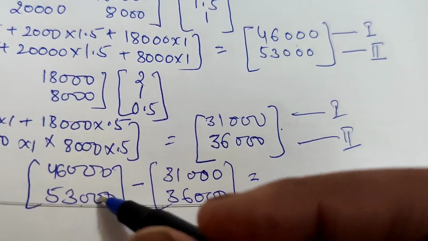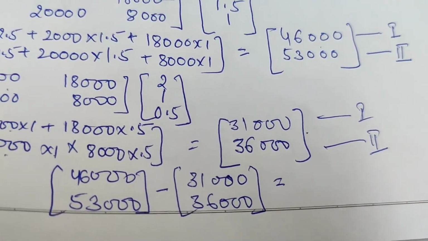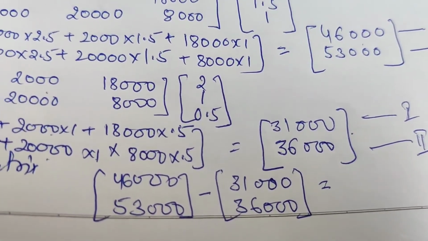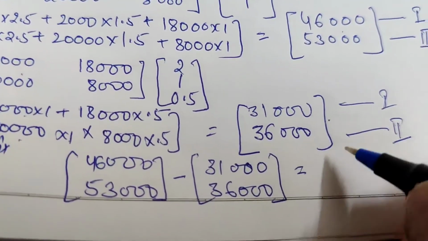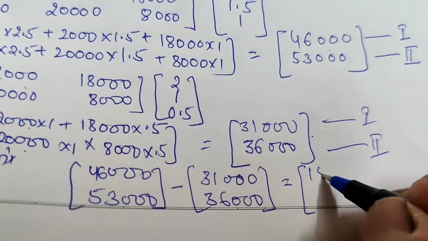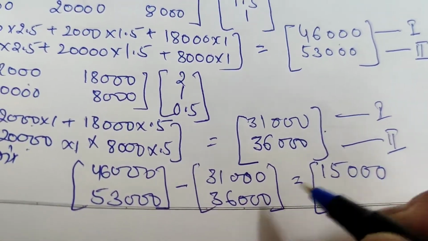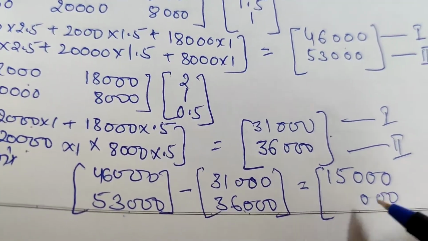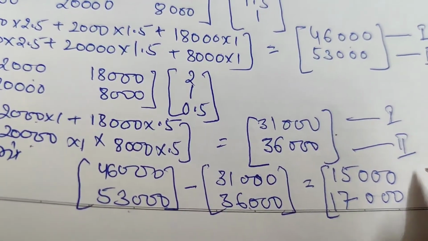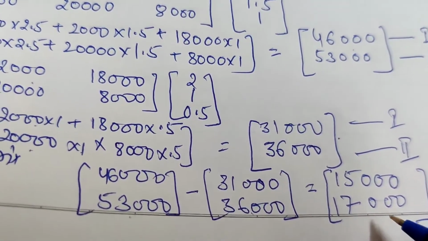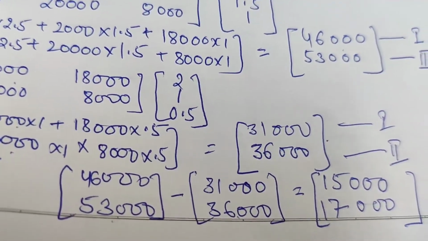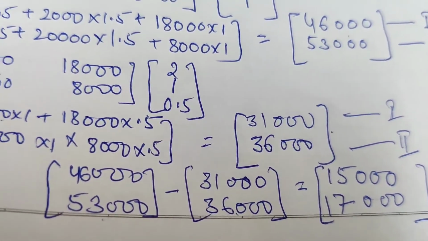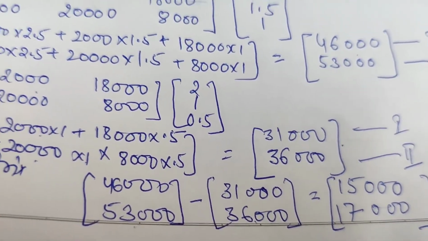What will be the profit? 46 minus 31 is 15,000. The profit is 15,000 and 53 minus 36, 17,000. That is net profit from the first market 15,000 and from the second market 17,000. Okay.